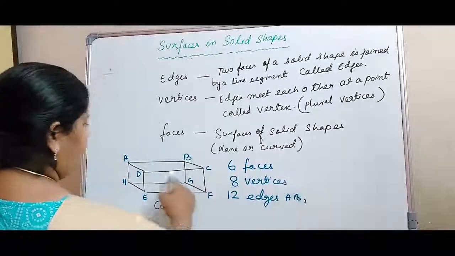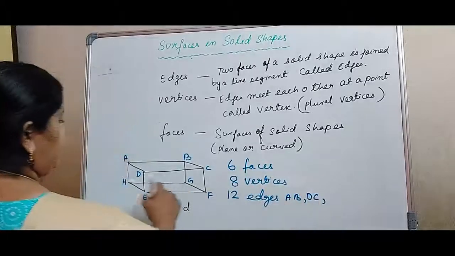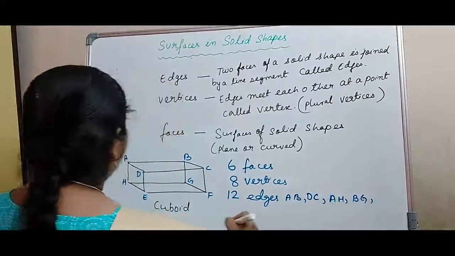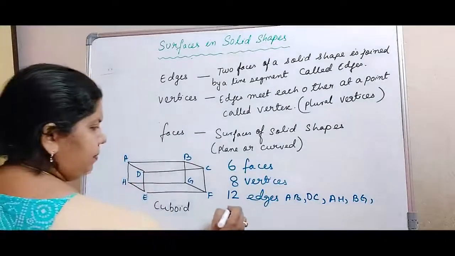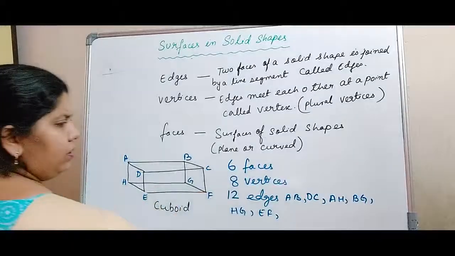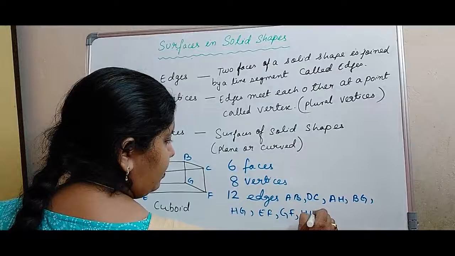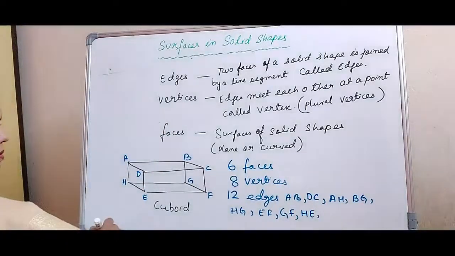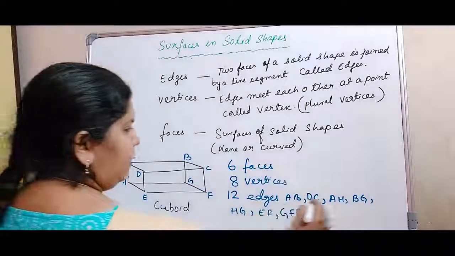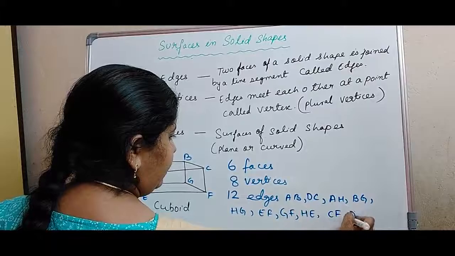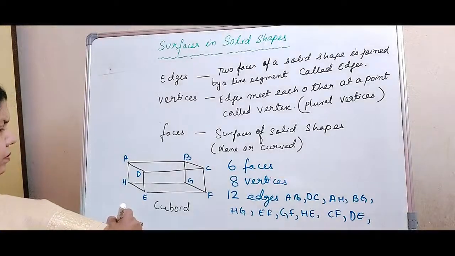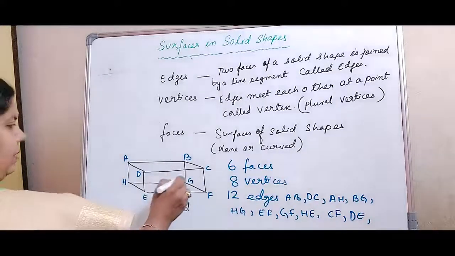AB, DC, then AH, BG. Then HG, EF, GF, HE, then CF, DE, and we have here GH.